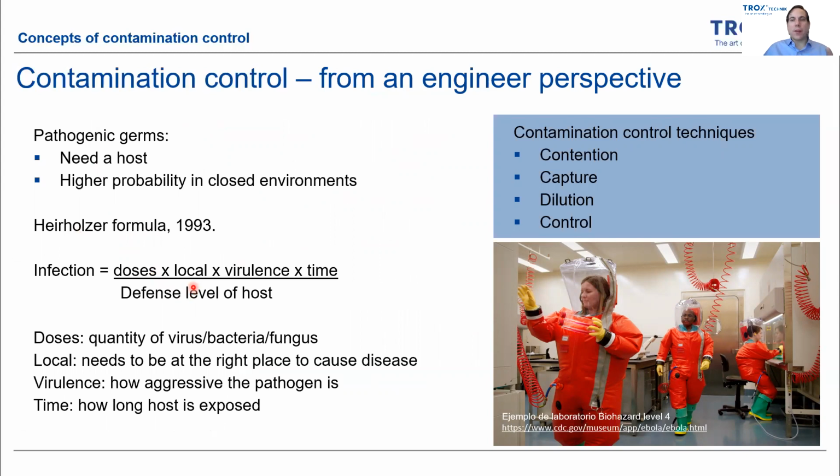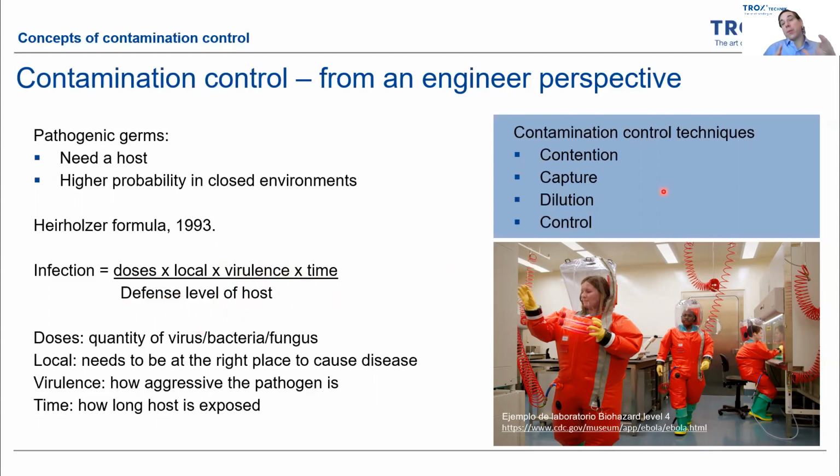It needs to be in the correct location, like an open wound or our respiratory system. How aggressive it is, how long we are exposed to it, and what is the defense level of our host. So if the host doesn't have a good defense, a lower time or a lower virulence will also cause the disease. So how can we deal with it from the engineering point of view?